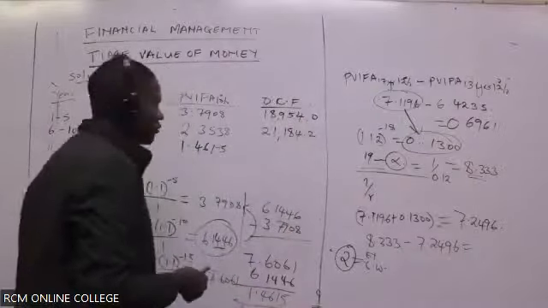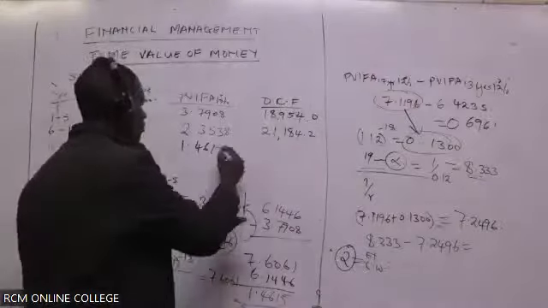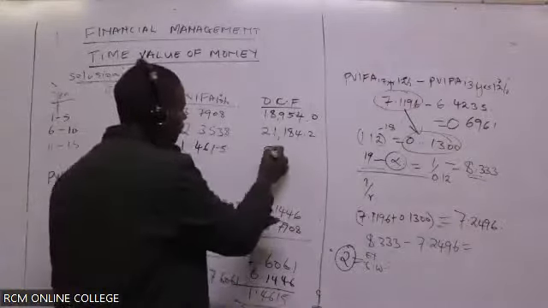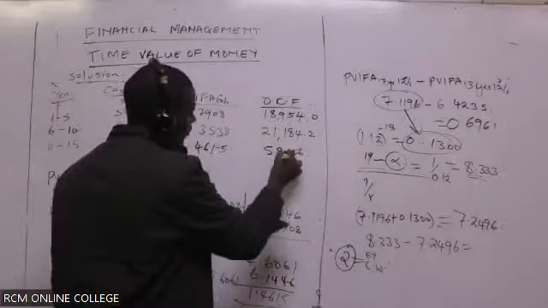The last one is 4,000 times 1.4615, which is 5,846.